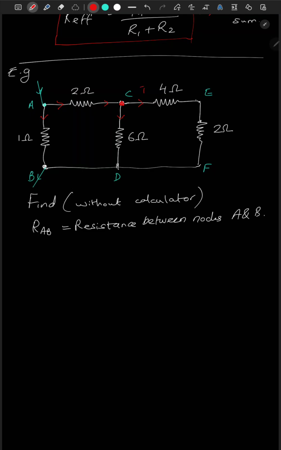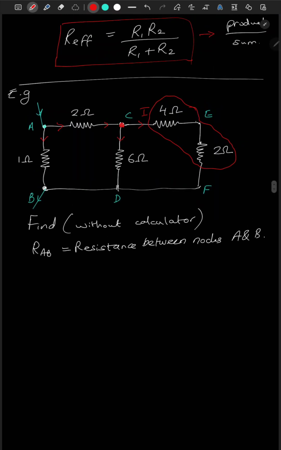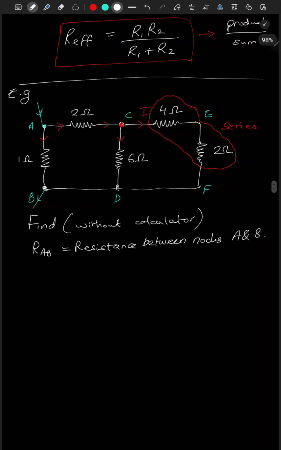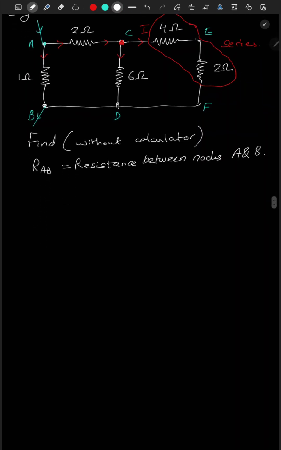And the same current would go toward the 4 and 2 ohm resistance. If the same current flows, meaning that these two are in series.